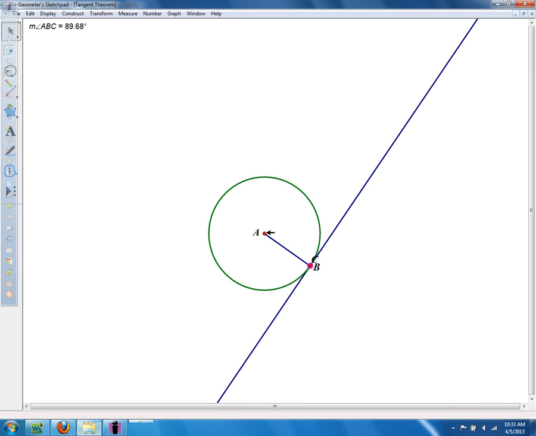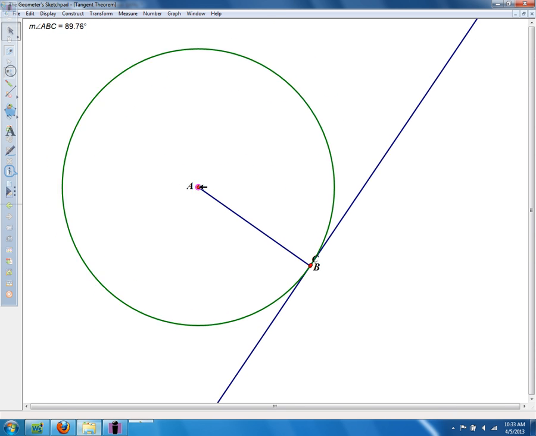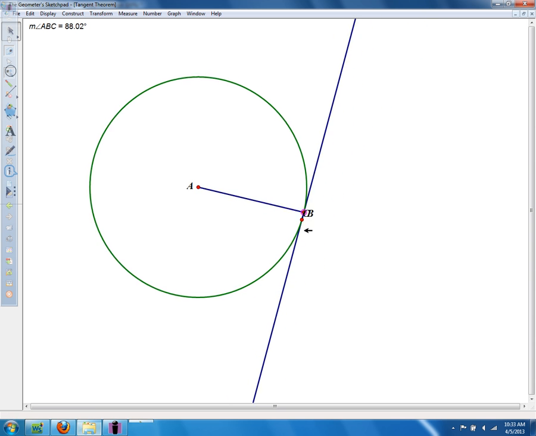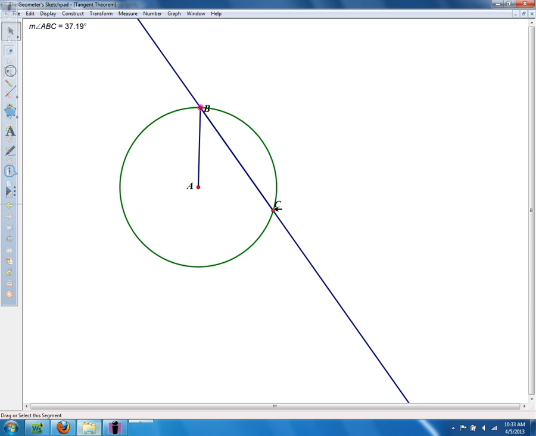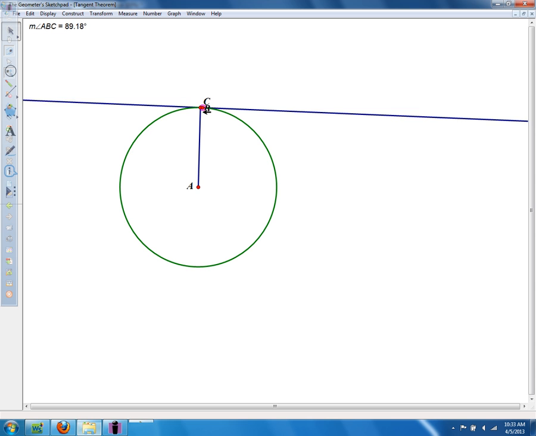I can make the circle smaller and do the same thing. I can make the circle bigger and do the same thing. Right when C is on top of B, we're at about a 90-degree angle. It doesn't matter where I put the radius on the circle. I could do it around here and do the same thing. Bring C around, and when they're on top, it's right at 90 degrees.